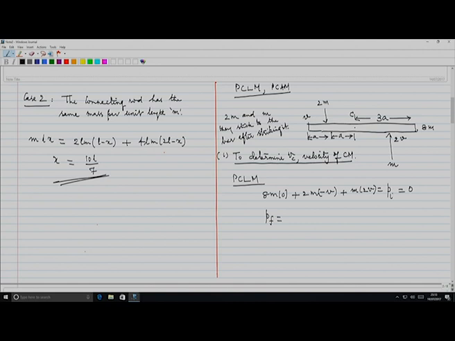Therefore, now the total mass of the system is 8m plus 2m plus m. The whole thing will have one velocity, that is the velocity of the center of mass, Vc. So you equate 1 and 2.